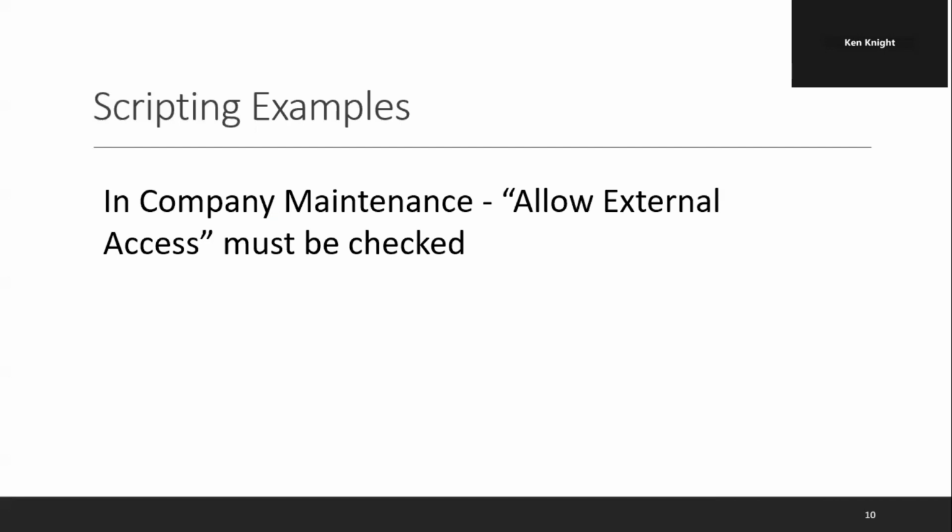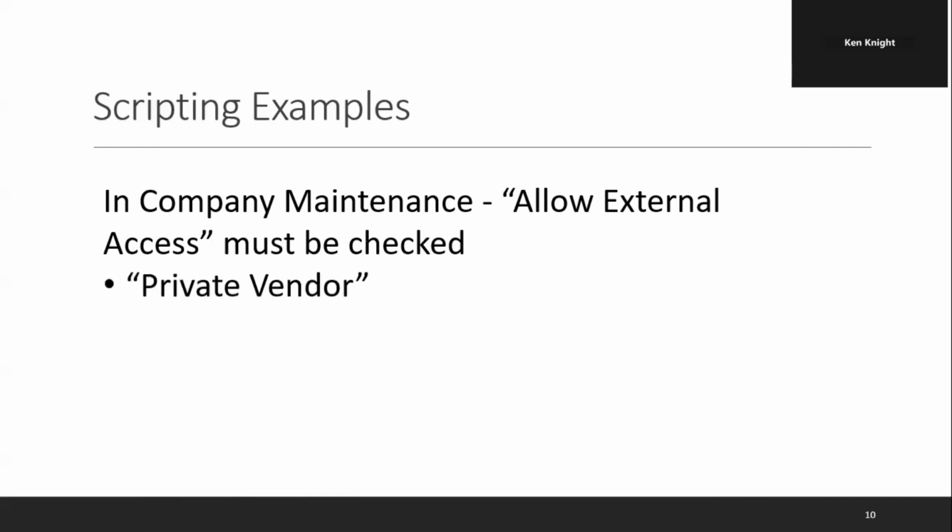Now, I'm going to go through 3 different scripts. The first thing I'm going to do is explain the use case. I'm then going to show you what the script does through the user interface, and then we'll look at the script itself. Okay.